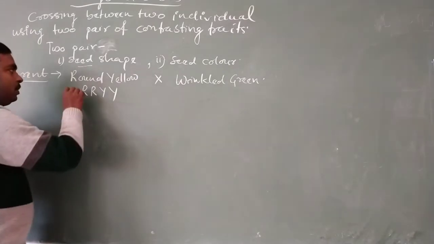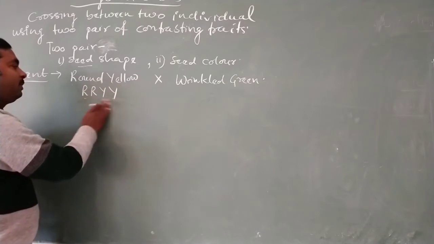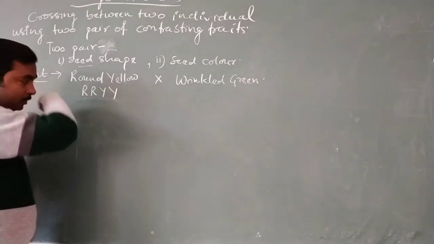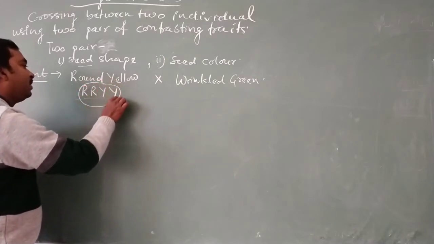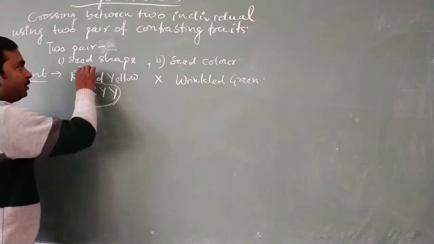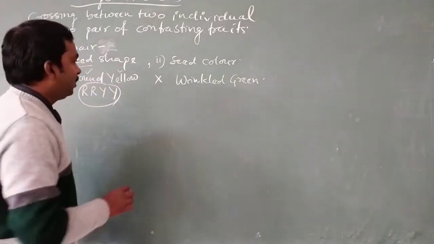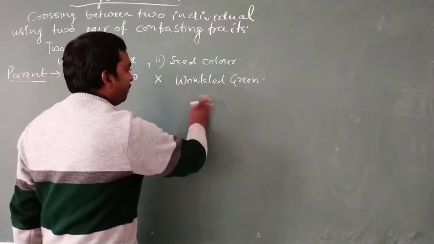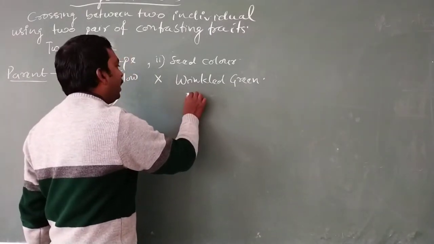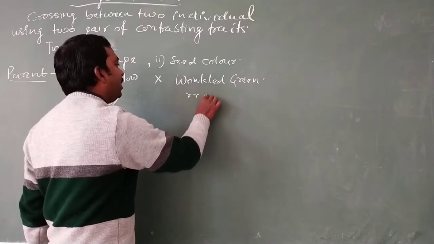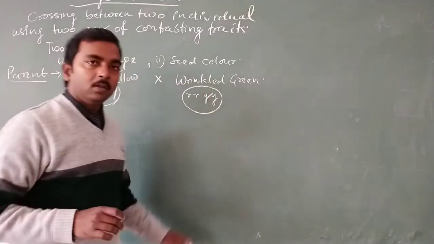So capital R R, capital Y Y will be the genetic makeup of the parental plant with round shape and yellow color seed, while the recessive trait will be represented as small r, small r, small y, small y.